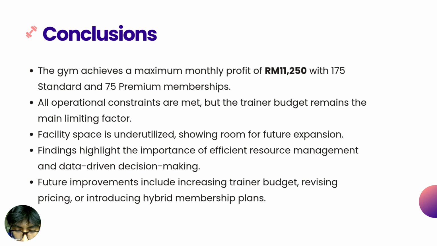And another one is there's room for future expansion, especially in facility space. And the next one is this project highlights the power of linear programming in optimizing our business operations. So future improvements include increasing trainer budget, revising pricing, or introducing hybrid membership plans.